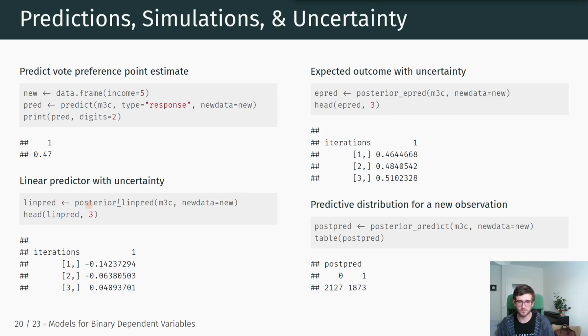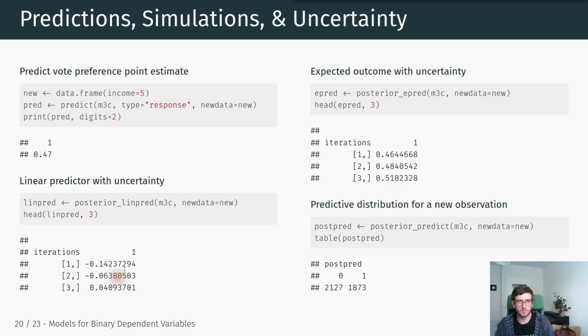So here, if we use posterior_linpred, ultimately what we get are the values for our linear predictor, taking into account the uncertainty around our coefficient estimates, right? So obviously this is not bound between 0 and 1 because this is not a probability. This is just the beta prime x_n linear predictor that we plug into our link function, right?